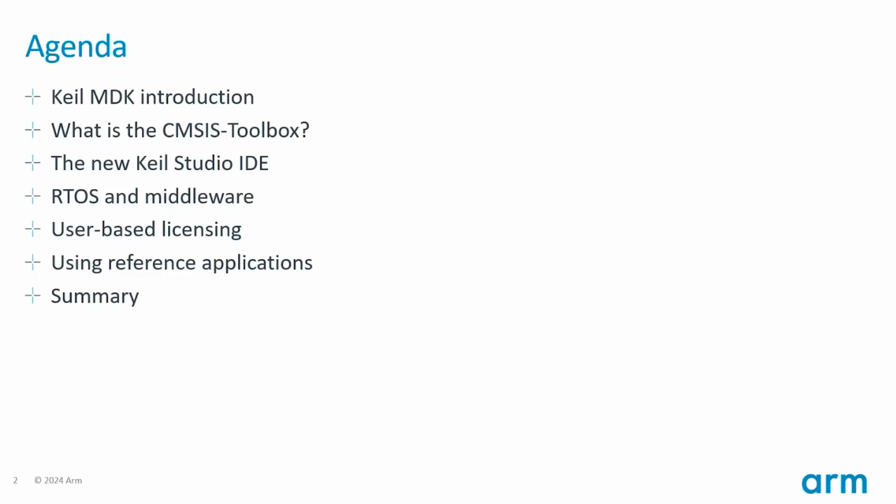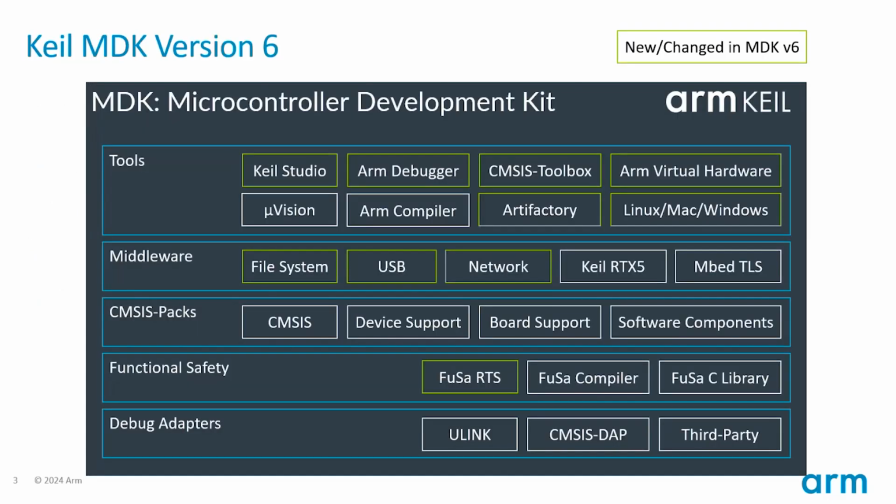I will tell you more about real-time operating system options and our new middleware. We have changed with MDK version 6 our licensing mechanism, going from Keil node-locked licensing and FlexNet to user-based licensing. And I will be talking about reference applications, and we'll wrap up with a summary. And as I said, I hope I have enough time for a quick demo then.